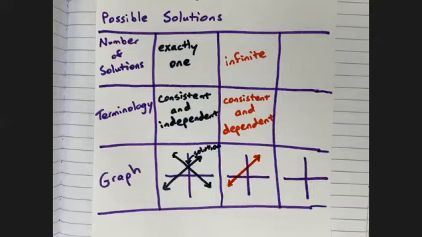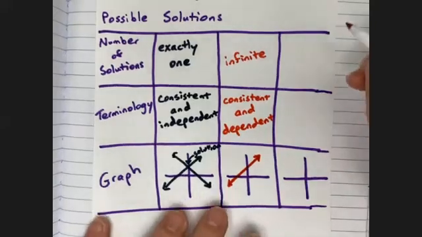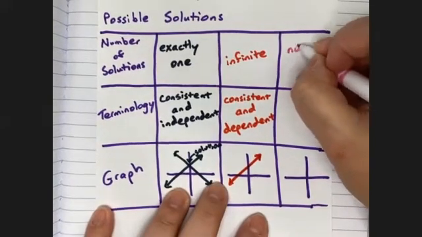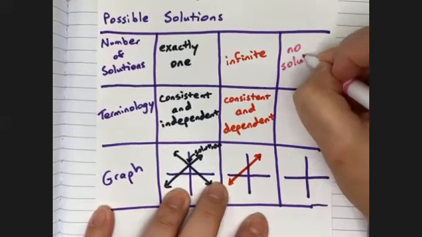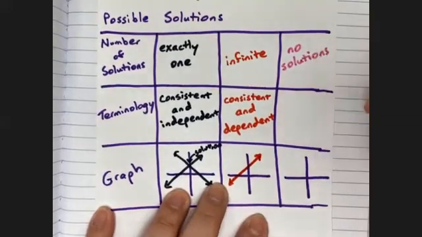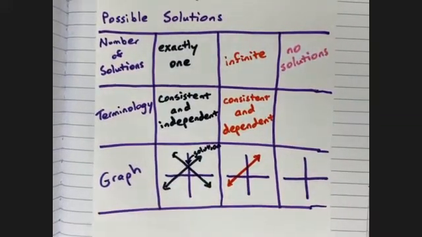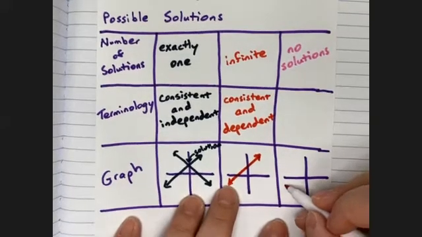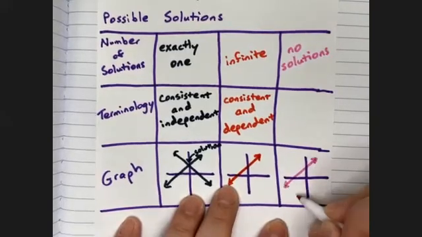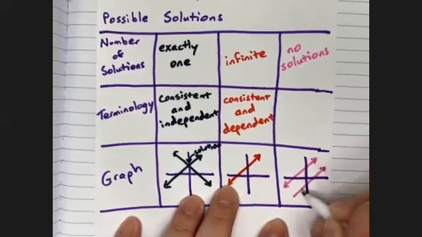And then last but not least, you can have no solutions. Okay, because can you think of a time when you have two lines and they don't ever intersect? Hopefully you can think of parallel lines, right?